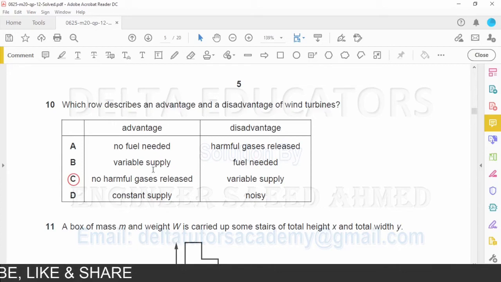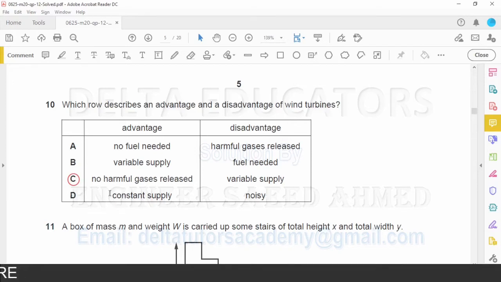Yes, we get variable supply, but it is not an advantage. It is a disadvantage. So option B is incorrect. Option C, no harmful gases released. Yes, it is a correct option. In wind turbines, it is our advantage that no harmful gases are released.